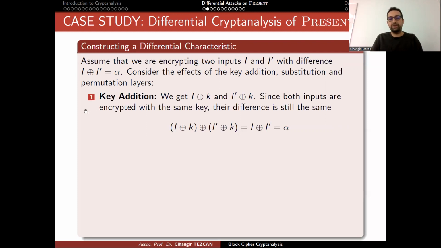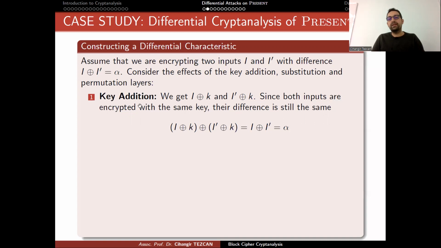Let's look at the first layer, key addition. In the key addition, you XOR your input with your round key, right? For the first input, the output will be I XOR K. For the second input, the output will be I prime XOR K. Since both inputs are encrypted with the same round key, their difference is still the same.